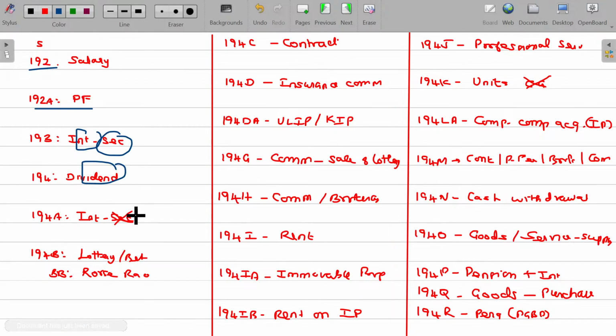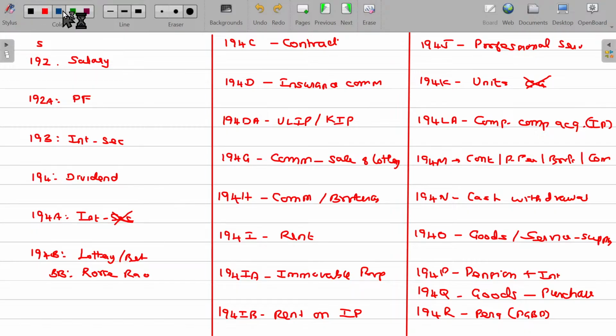You invest or keep the money in a savings account or current account, and you will get the interest. Simply, you can remember all these things as a coherent order in your life. Salary, retirement PF, and then securities investment, share investment, other investment. 192, 192A, 193 interest on securities, 194 dividend, 194A interest other than securities.